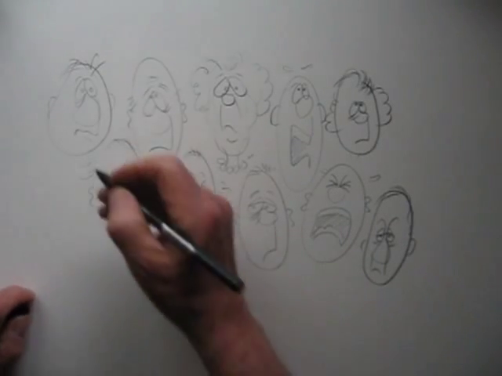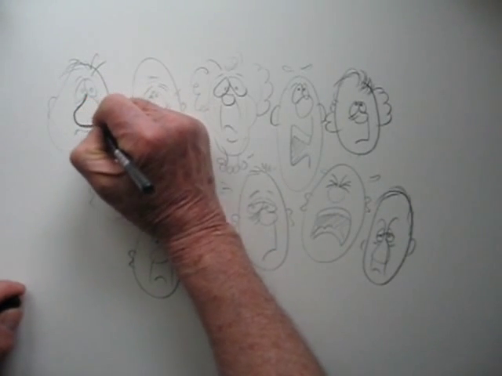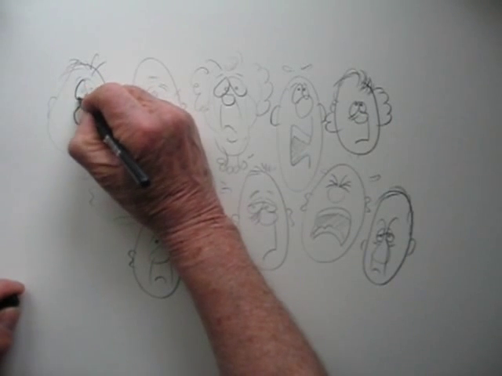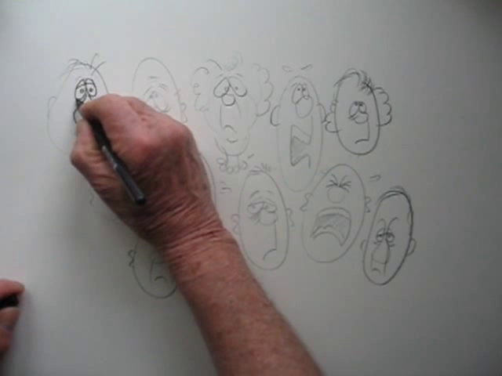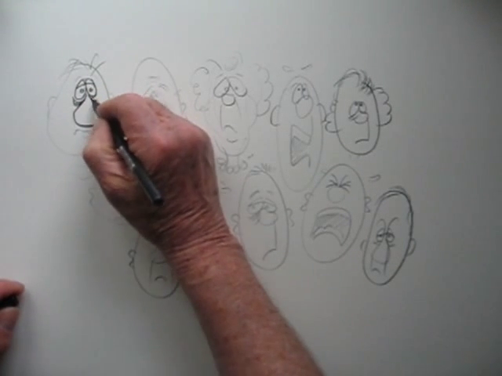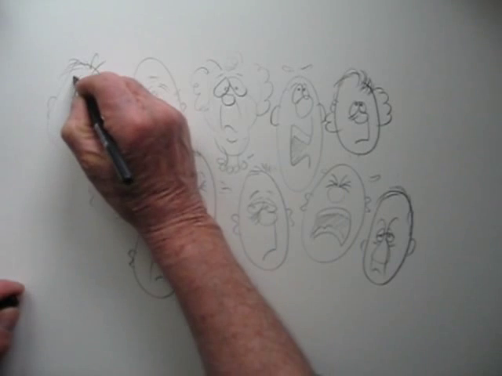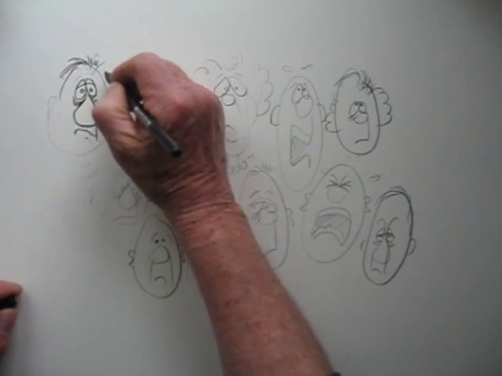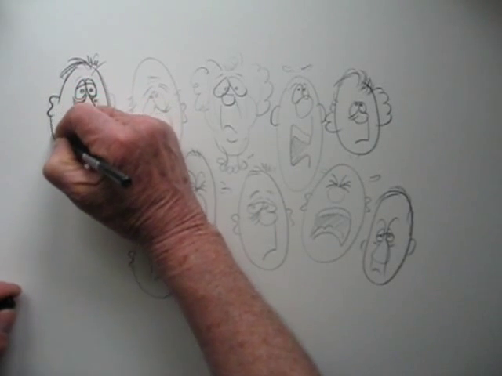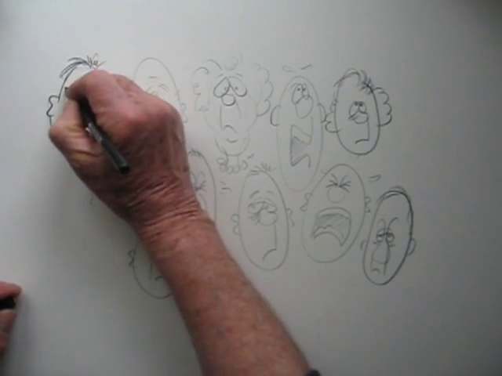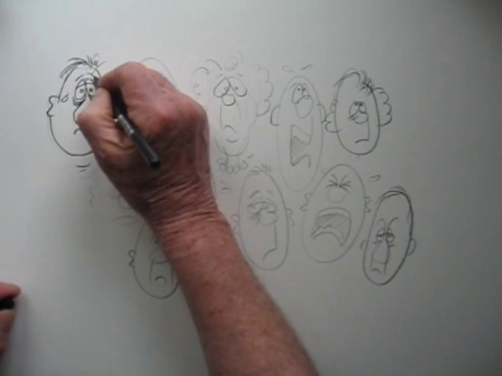So what we'll do now is we'll start inking in, and I'll talk about it a bit more. As you see, the eyes can give you an expression of sadness just by where you put the pupil of the eye. And add a little tear there.